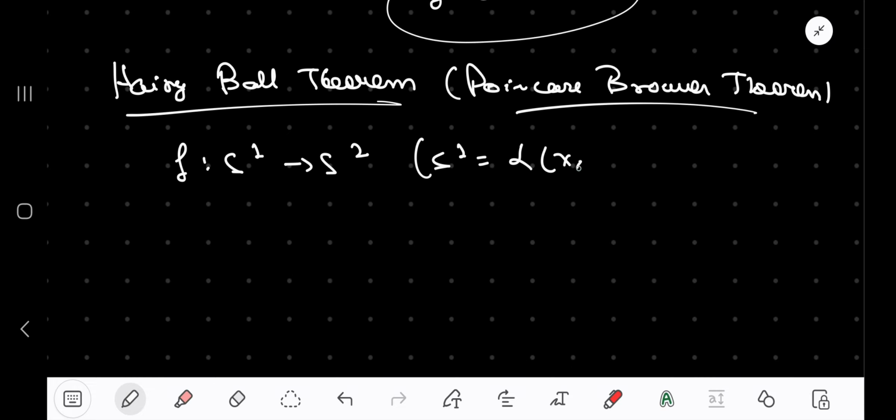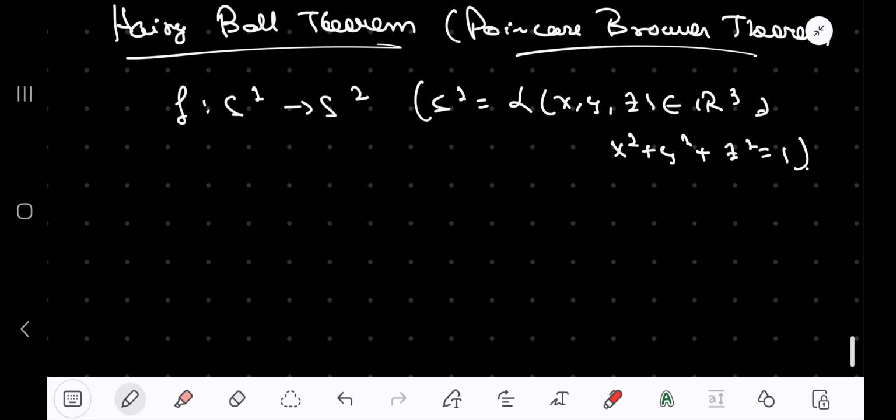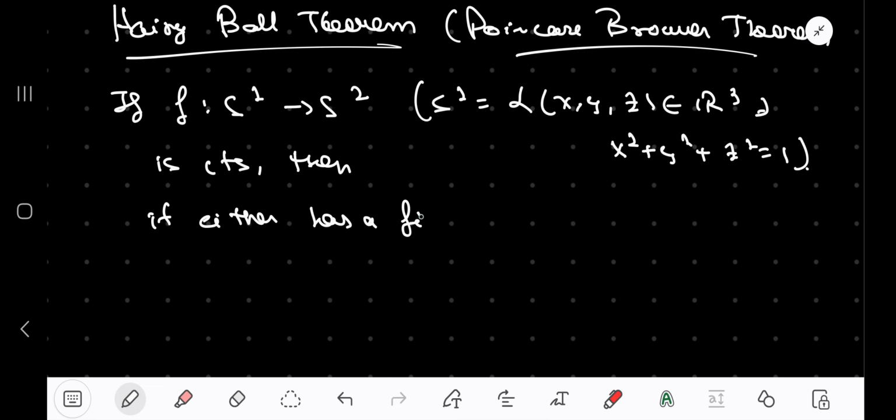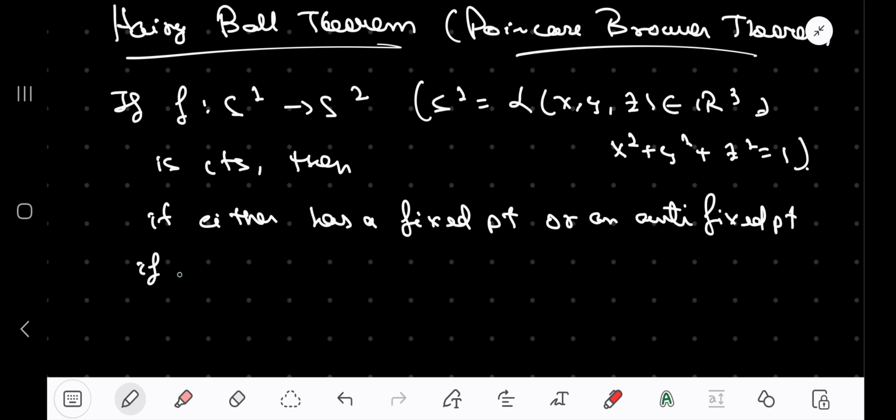I guess you should know that it is the sphere in R3, such that x square plus y square plus z square equals 1. If f is continuous, then it either has a fixed point or an anti-fixed point, that is f of x equals minus x.